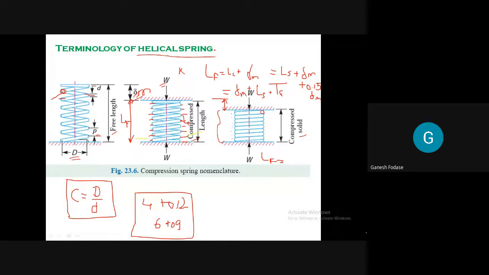Then P is the axial pitch, and you know how to define pitch. We define it in the case of gears. The same concept is used here.